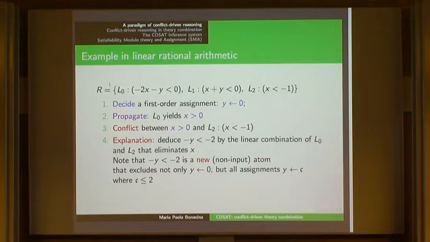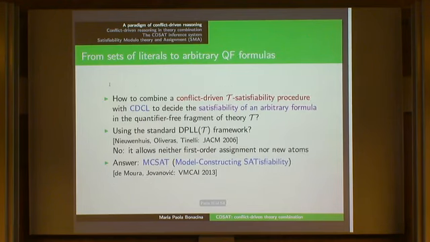Now, this atom, as you can see, is new in the sense that it does not appear in the input. And so this suggests that in order to do conflict-driven reasoning, which involves explanation of conflict in theories as opposed to propositional reasoning, it is necessary to infer new atoms. And note that this new atom does not only exclude the assignment y gets 0, which got us in conflict, but also all assignments of the form y gets c, where c is smaller or equal than 2.